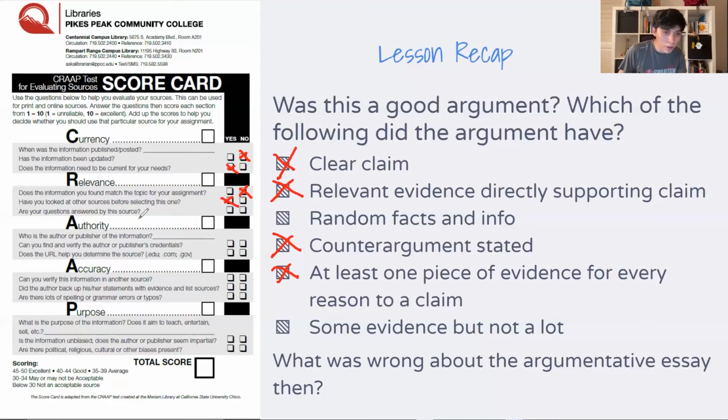Are your questions answered by this source? Some of them. We can leave that blank. Authority: who is the author or publisher of the information? We do know, so we can write down Pew or American Association of Pediatrics.